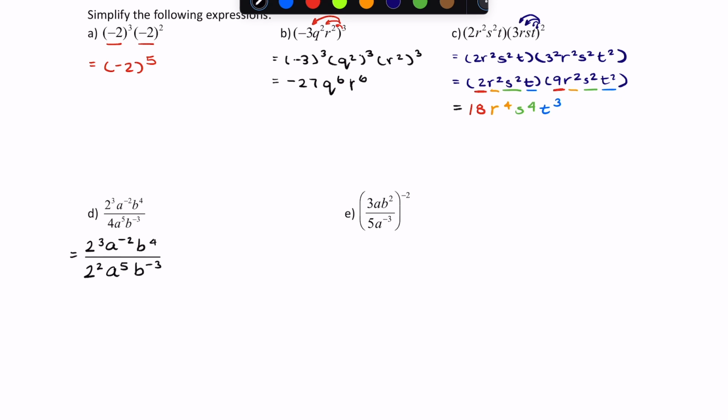Here, the base is the same, 2 to the power of 3 divided by 2 to the power of 2, which is 2 to the power of 3 minus 2, that will give us 2.